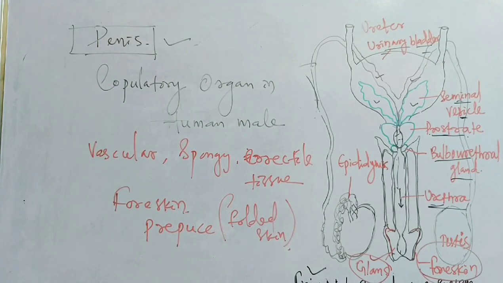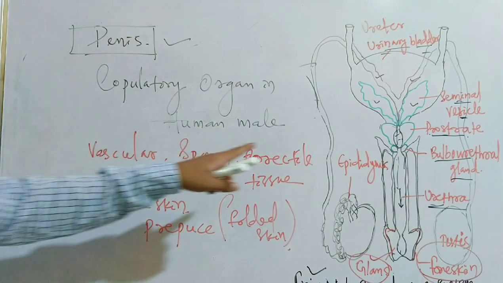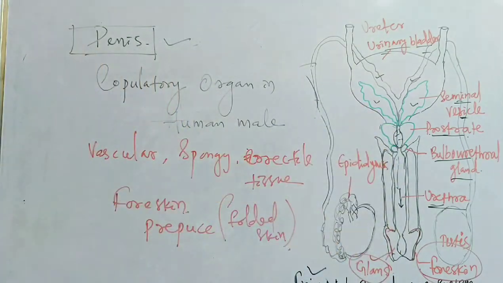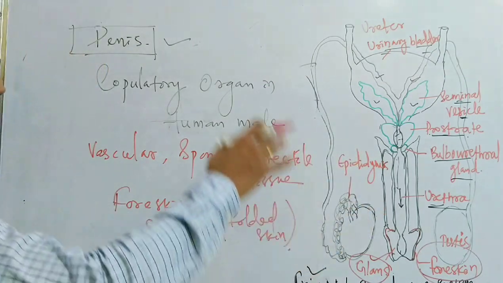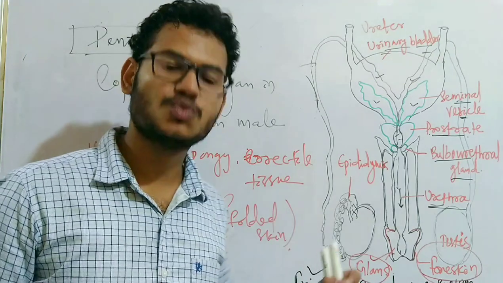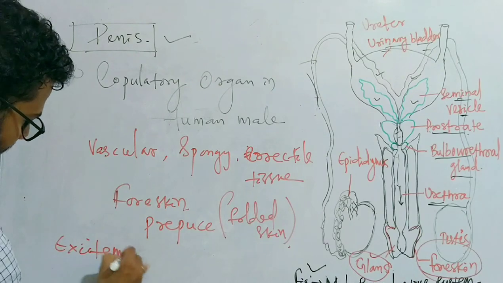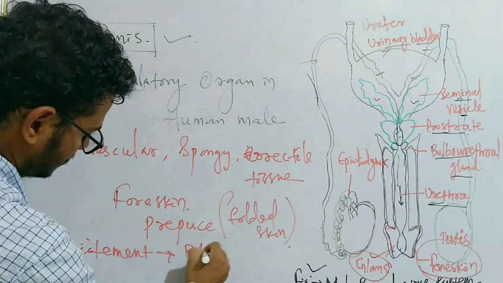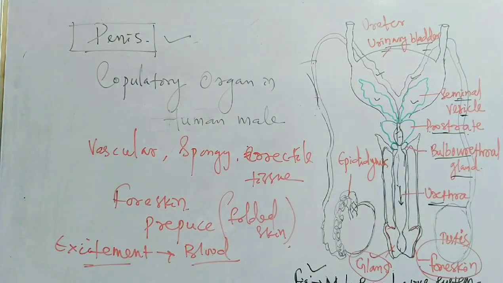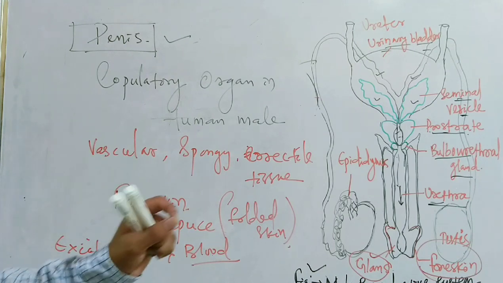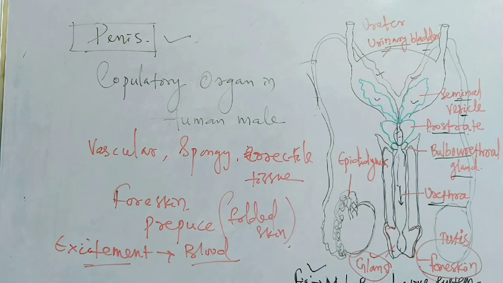The penis contains three longitudinal erectile, spongy, columnar tissues, which fill with blood during excitement. The urinogenital duct is surrounded by the corpus spongiosum.